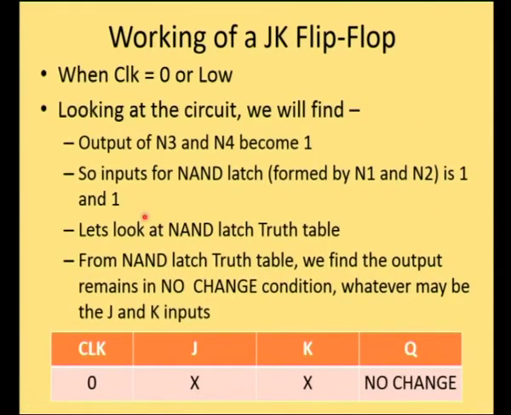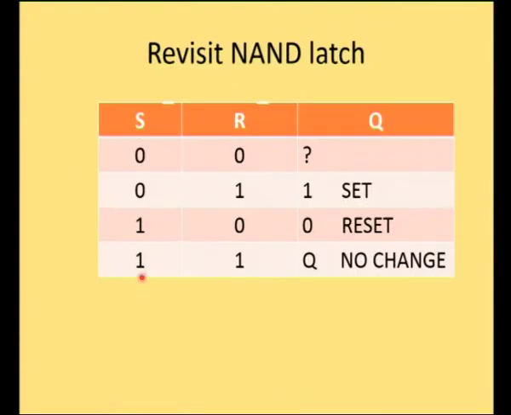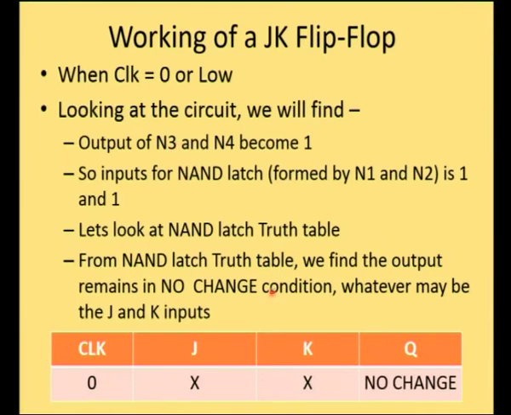When the clock is 0, the outputs of N3 and N4 become 1, and hence the inputs of the NAND latch become 1, and 1 1 gives no change. Hence when the clock is 0, the JK flip-flop remains in the no change condition.